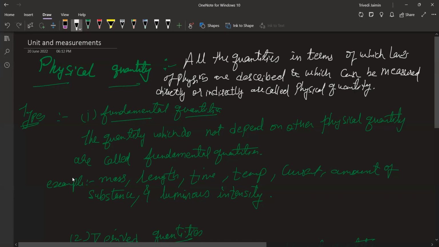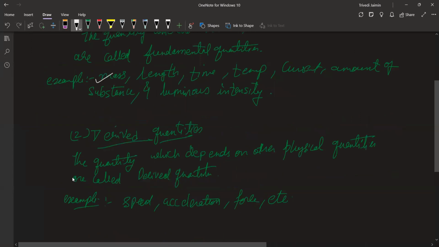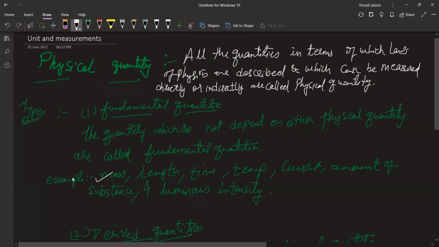See, if you want an example, mass is valid and speed is also valid. Both examples are valid for physical quantity. You can write mass, length, speed, force, time, whatever.